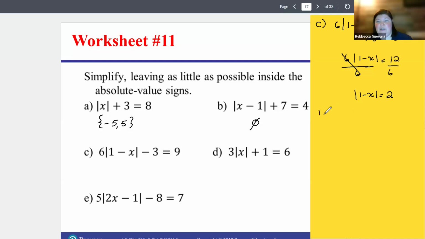So we have two options here: 1 minus x is equal to 2, or 1 minus x is equal to negative 2. If I subtract 1 from both sides here, then I'm going to have negative x is equal to 1, or really x is equal to negative 1. If I subtract 1 from both sides here, I'm going to have negative x is equal to negative 3, or really just x is equal to 3.